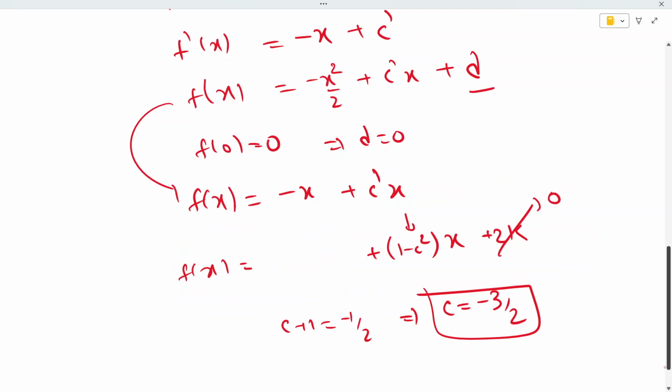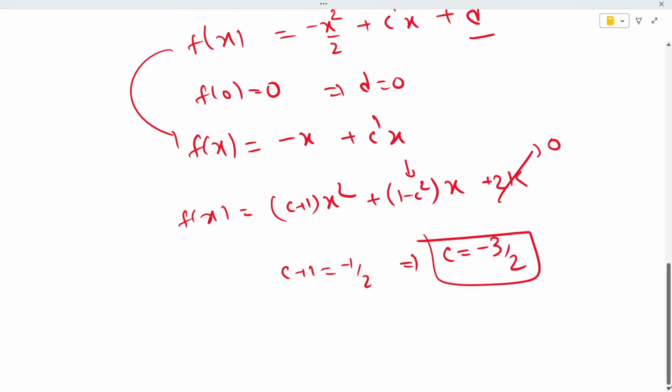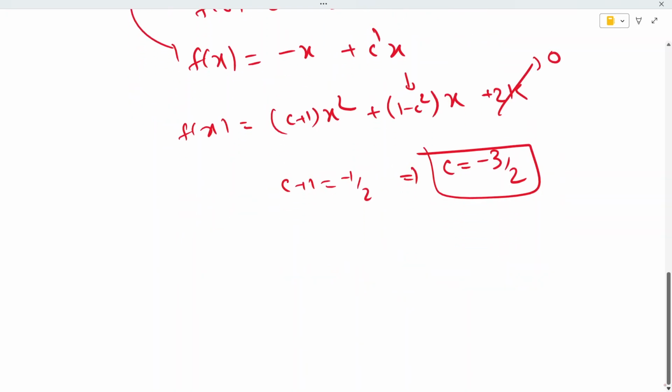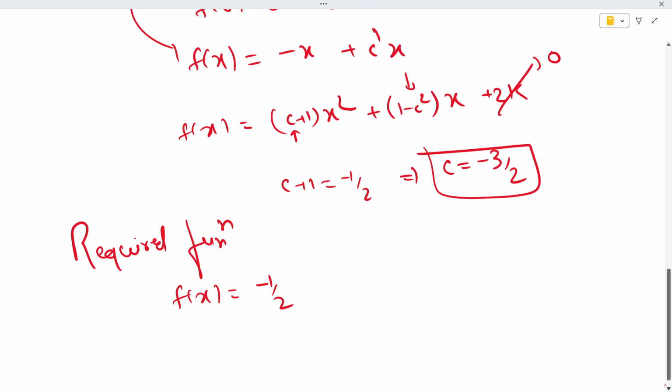So the required function is f of x, and when you substitute the value of c as minus 3 by 2, you get minus half x square minus 5 by 4 x.